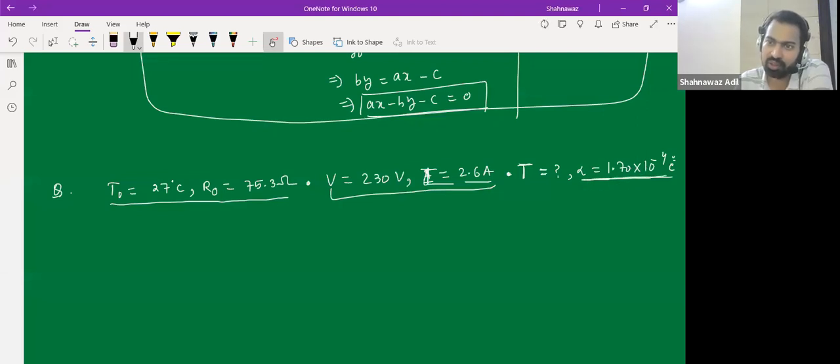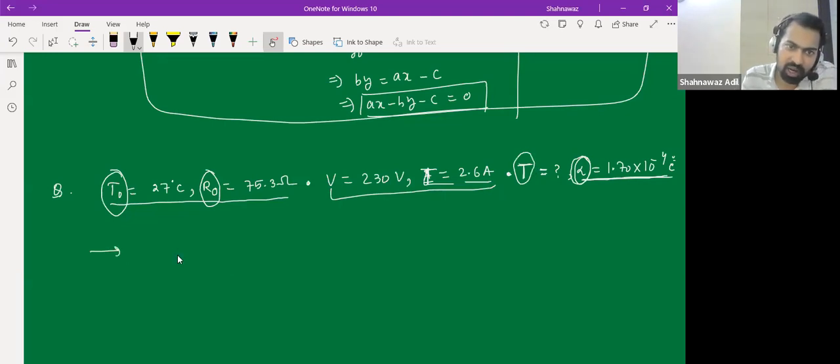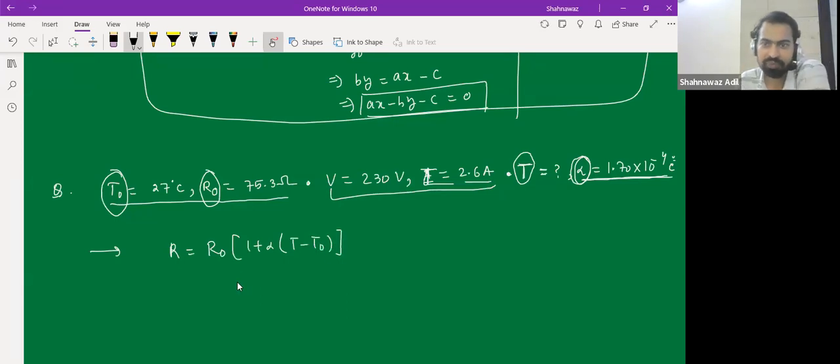So we have the initial temperature, initial resistance, and the coefficient, and they are asking about this temperature. So what do we know? We know that R is R naught into 1 plus alpha times T minus T naught.